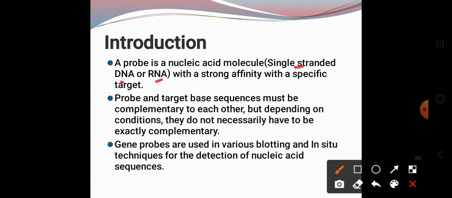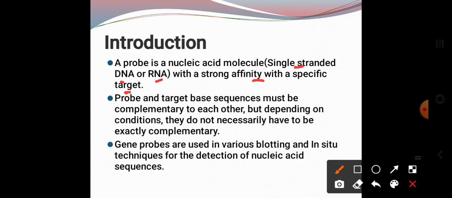Affinity here means it should have a complementary sequence compared with the target sequence, with strong affinity for the specific target.